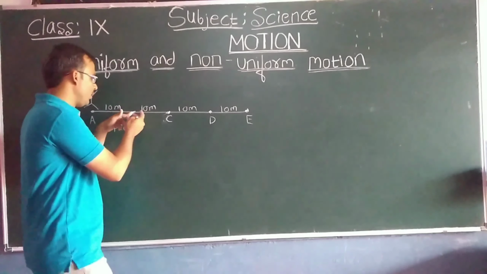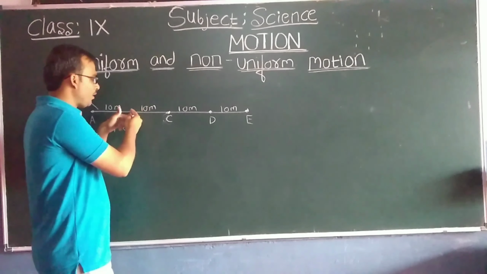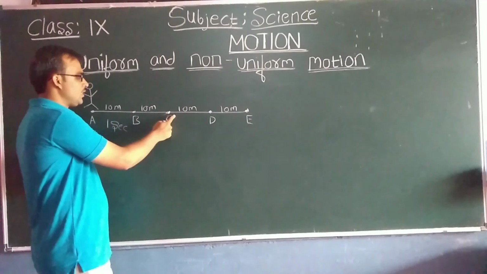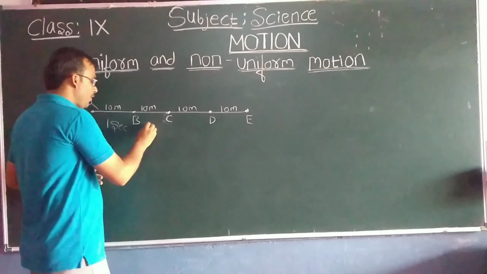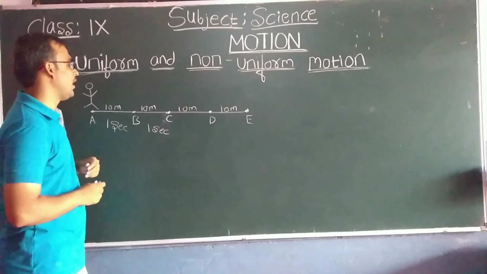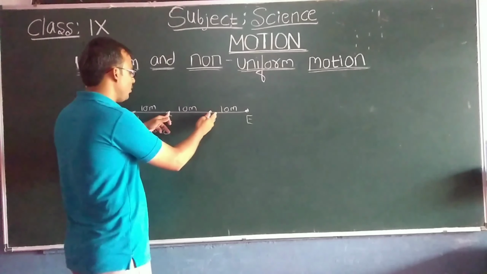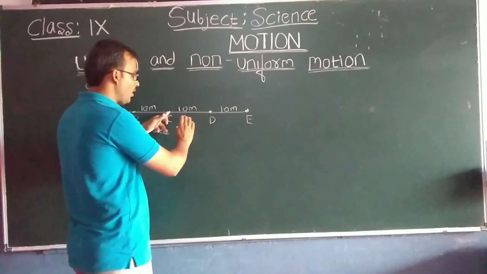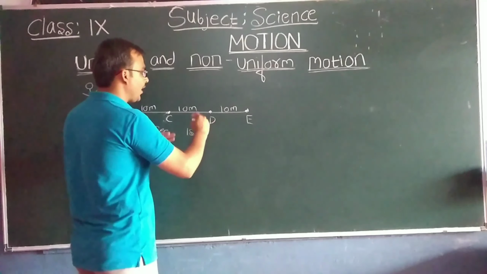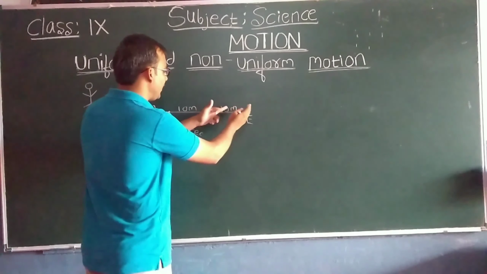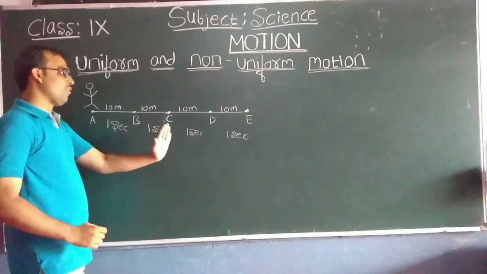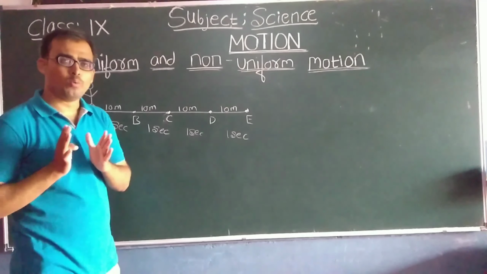After coming to B, again to move from B to C, if he takes 1 second, and again from C to D, if he takes 1 second, and again from D to E, if he takes 1 second, then this kind of motion is known as uniform motion.